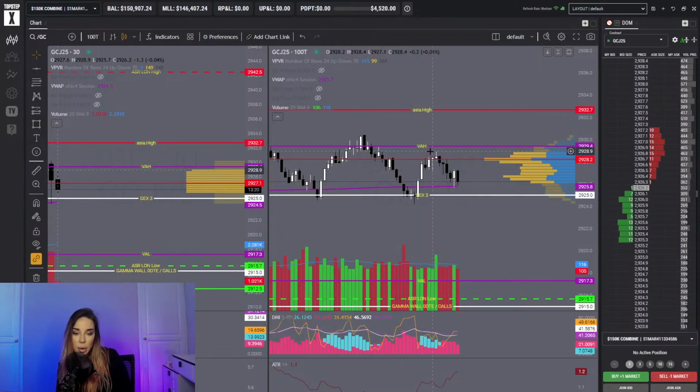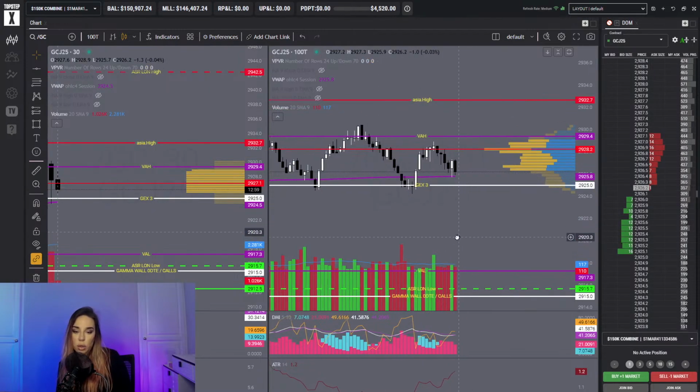It moved away from it, made a lower high. So therefore, all of that tells me that this is a little bit bearish right now. VWAP is still defending here. So again, bad trade location. So if I wanted to run shorts, I would be looking to run shorts somewhere from up here. If I was looking to run longs, this microstructure is not telling me that.